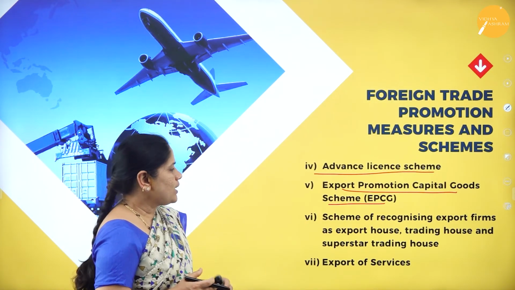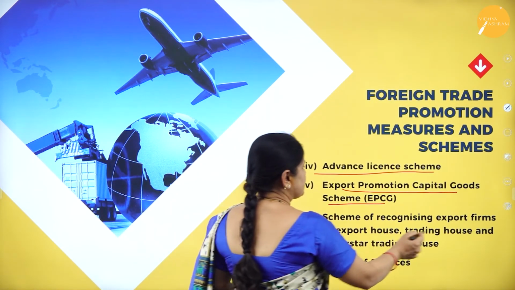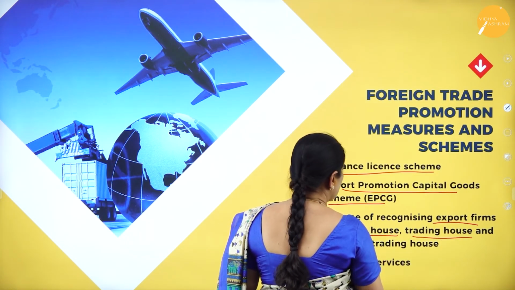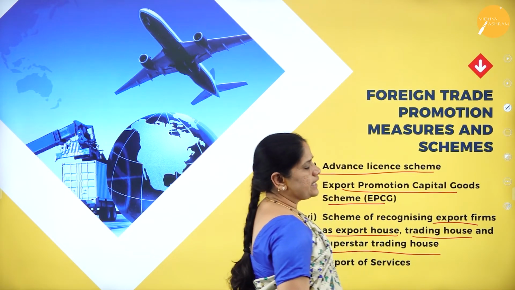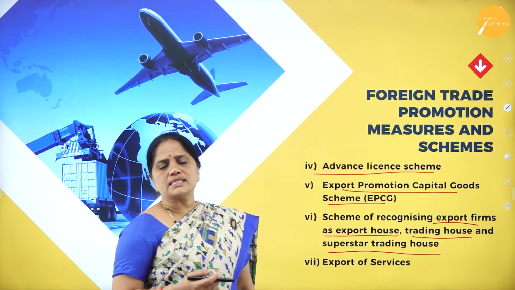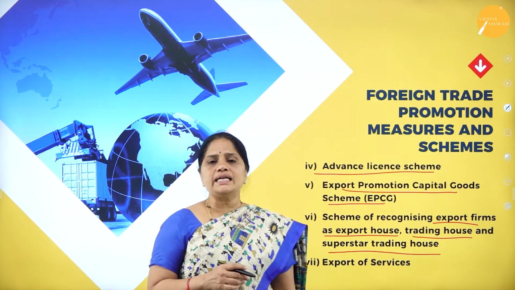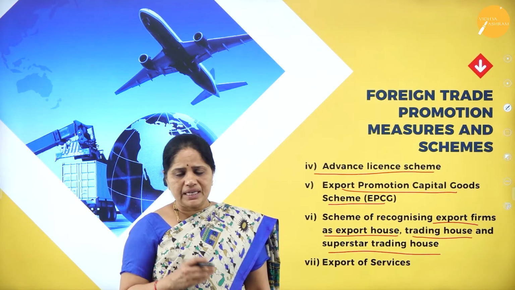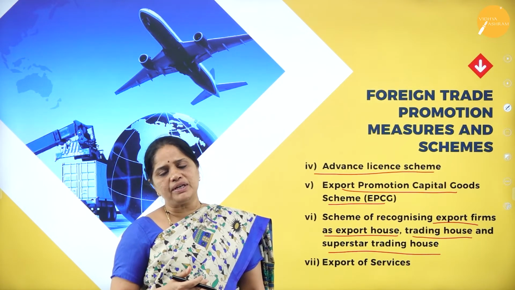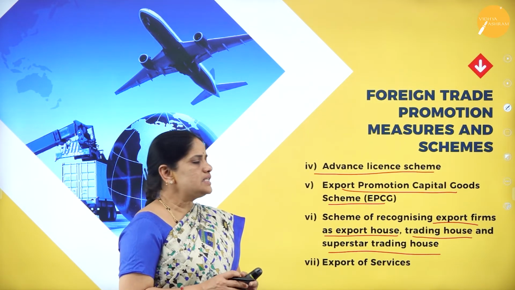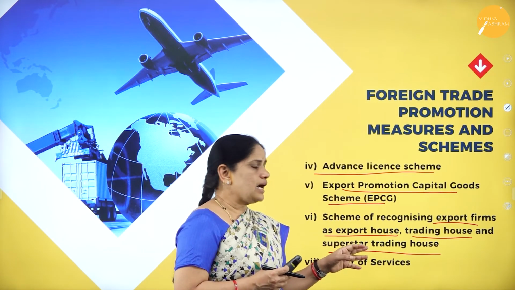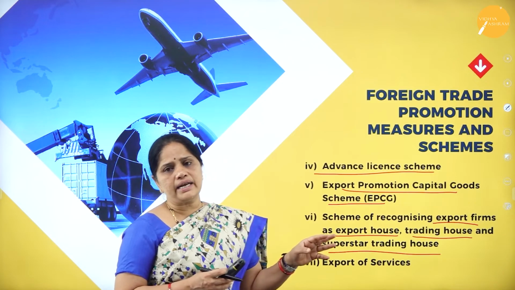Then the next one is the scheme of recognizing export firms as export house, trading house and superstar trading house. This is a scheme given by the Indian government, wherein the export firms which have done exceptionally well in the previous years will be given certain status like the export house, the trading house or the superstar trading house.